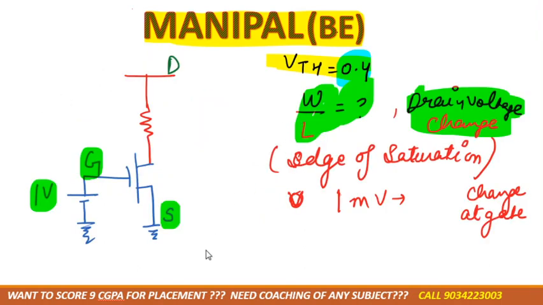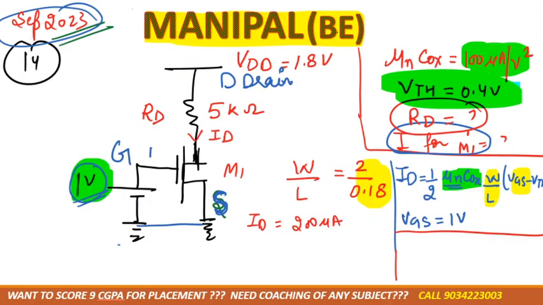RD is given. VDS we have calculated. Drain resistance, I think they have taken the first one.